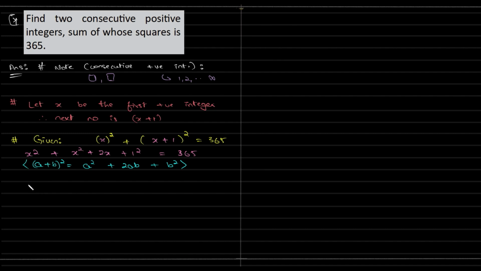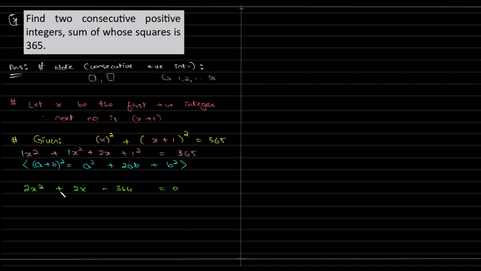And now let's simplify this further. x squared plus x squared is 2x squared plus 2x, and after transposing, it will become minus 365 plus 1, which is minus 364, is equal to 0. Now we can further simplify this. What should we do?